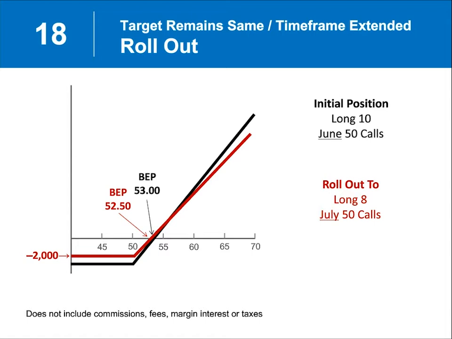All right, remember, our total investment now is decreased. We have spent $2,000 on this investment, the original $3,000 minus the credit on the roll. So at expiration, the 8 call options that we own would need to be worth a total of $2,000 in order for us to break even. In other words, if you take that $2,000 and divide by 8, that means each option has to be worth $250 at expiration.